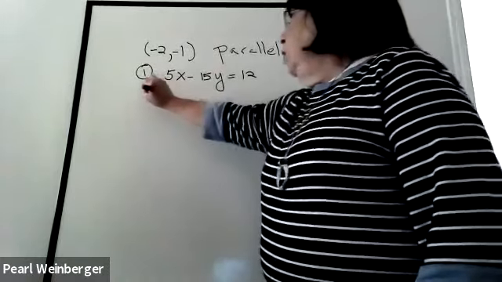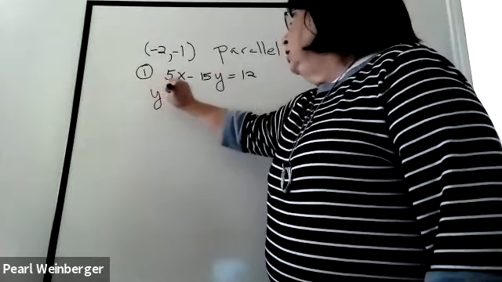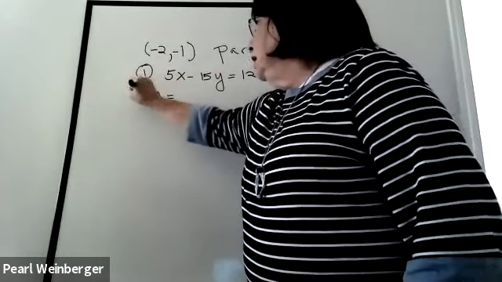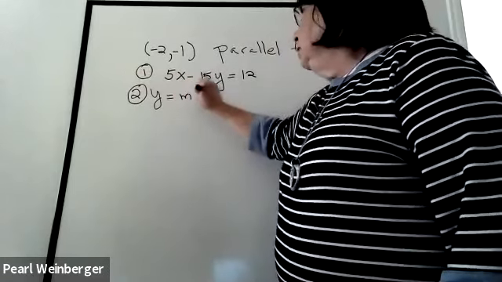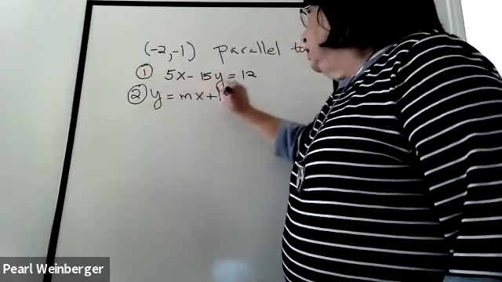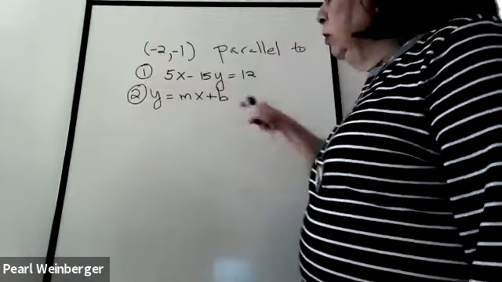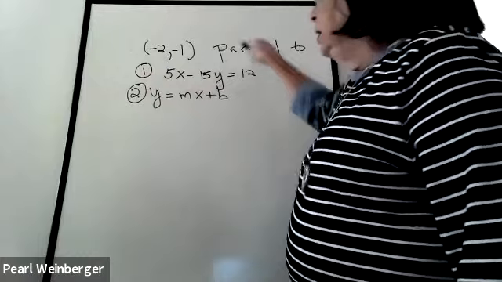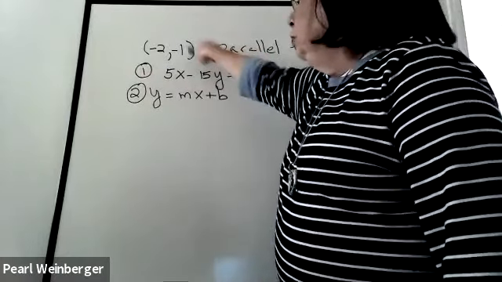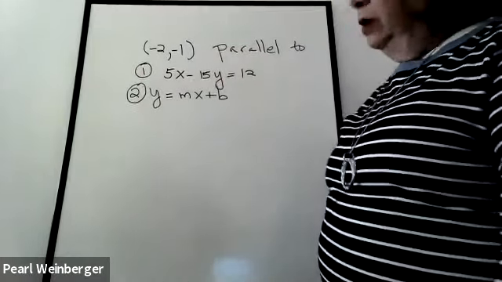Again, we want to find the equation of a new line. Let's call it line 2, which is going to be y equals mx plus b. That's the equation of a line. What do we know about line 2? It's going to be parallel to line 1, and it's going to go through the point -2, -1.